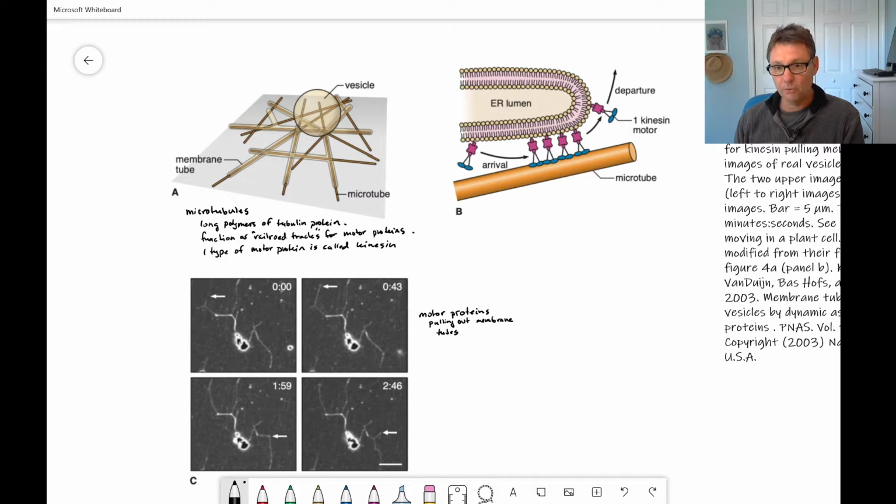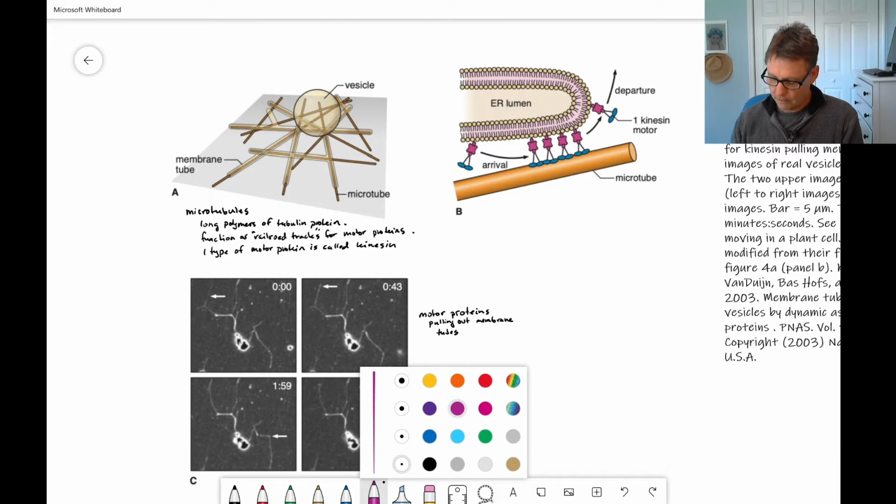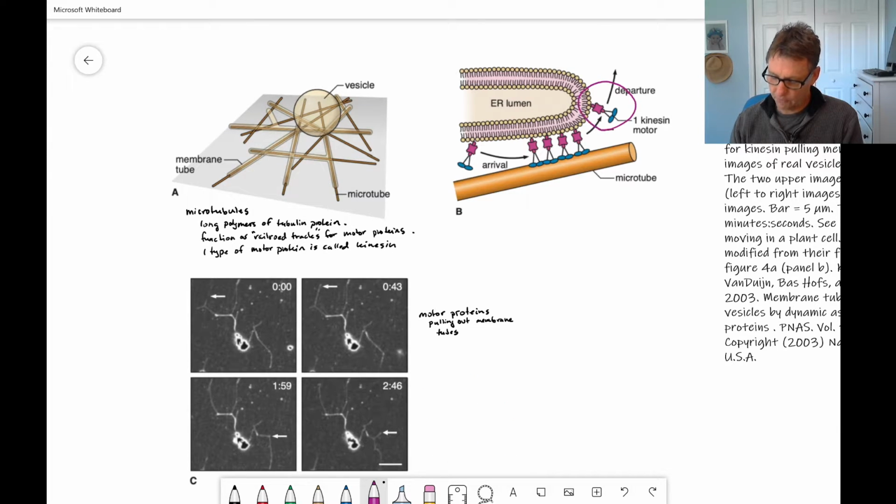And there are motor proteins, as shown in B. Here is a motor protein. And the motor proteins attach to the cell membrane, to the phospholipid head, or to a protein in the membrane. And then they walk along a microtubule and pull the membrane out.